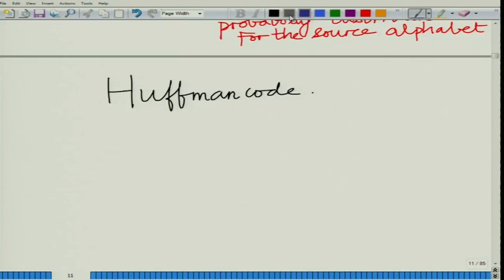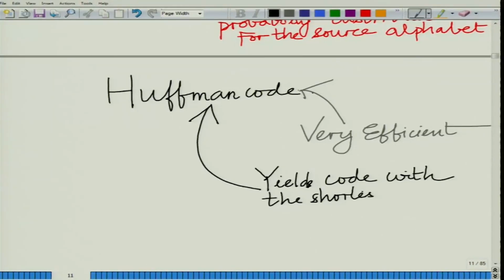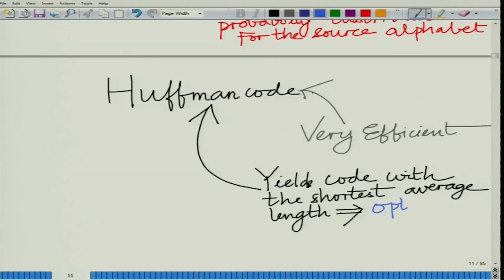Or rather a mechanism to construct a very efficient code, and it can be shown that it yields the code with the shortest average length.